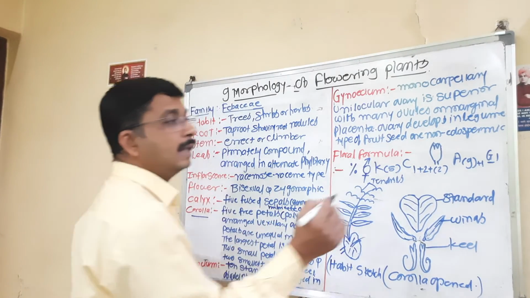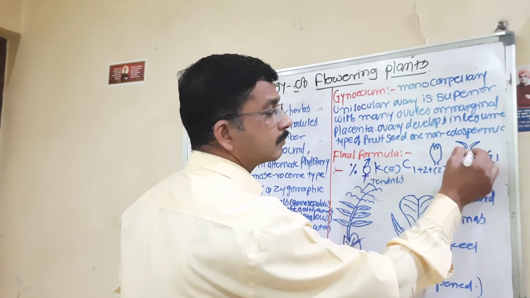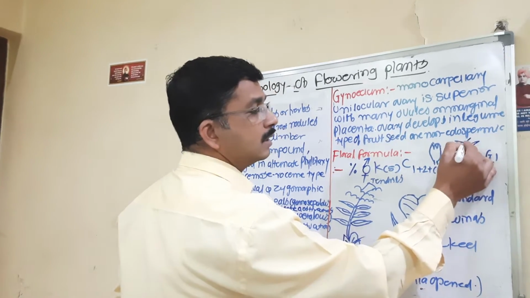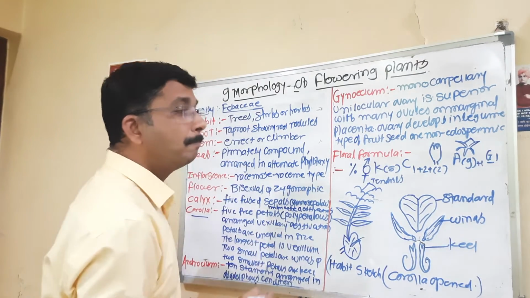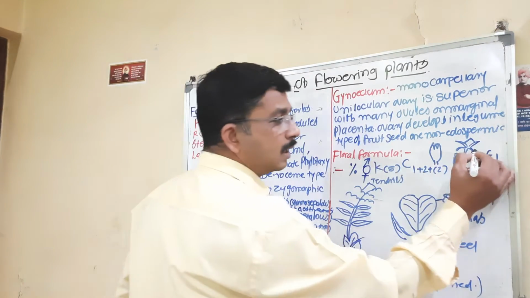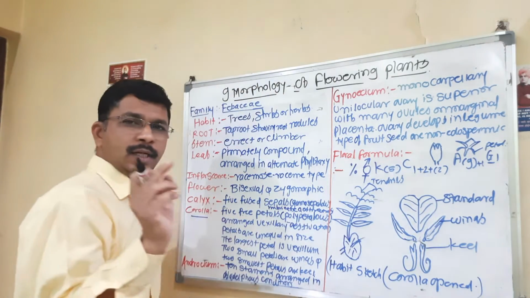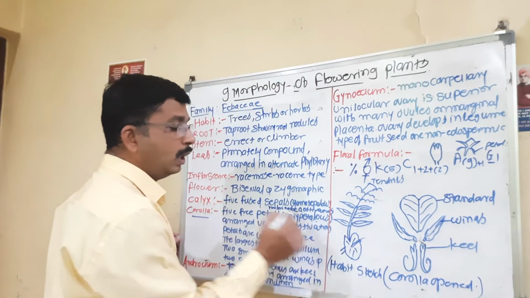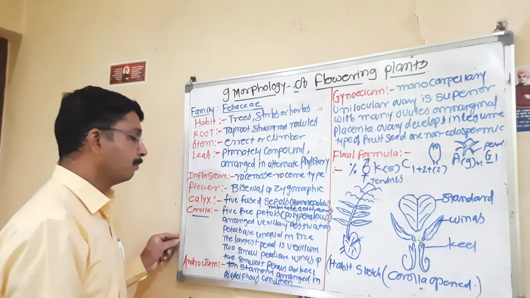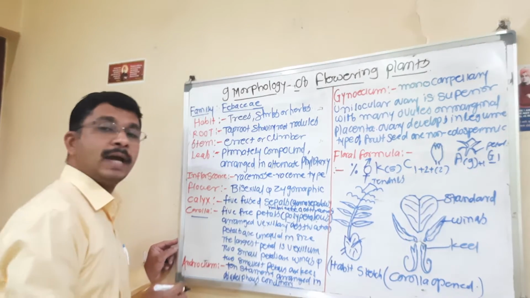Free means they are not united; they are free like this. This condition is called polypetalous. One single individual is called a petal. That's why we call it a polypetalous condition. Poly means many.